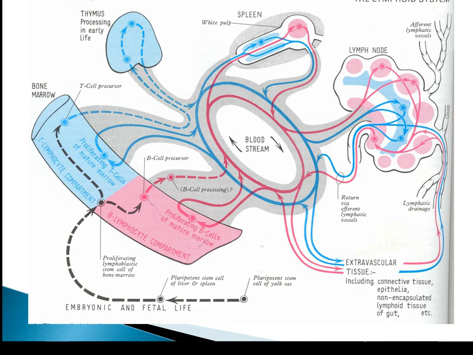And here we have to know that all cells are produced in the bone marrow, but for T lymphocytes it is important that they become immunocompetent. For this reason, the B lymphocytes become immunocompetent in birds in the bursa fabricius.